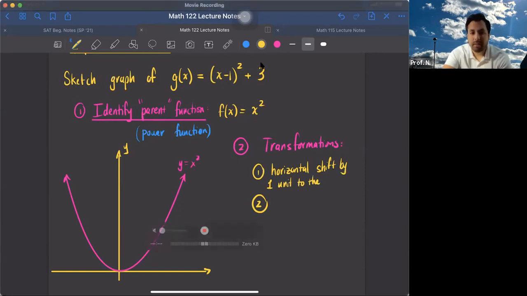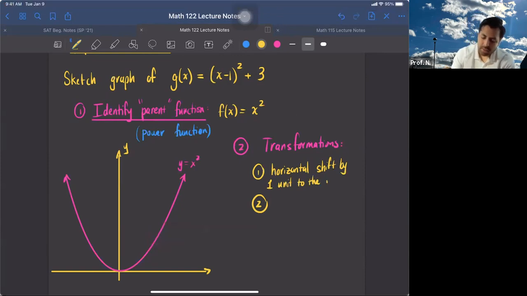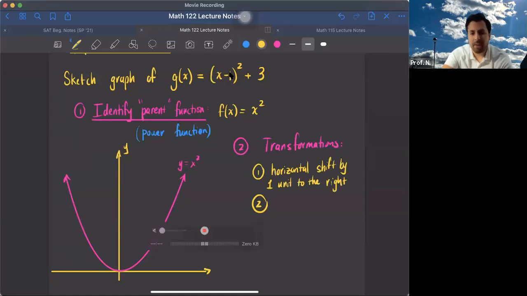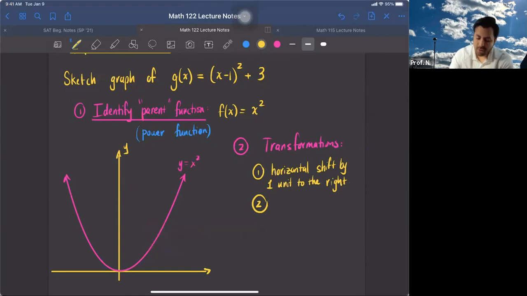Horizontal shift by 1 unit to the right. And then we have a vertical shift upward by 3 units.